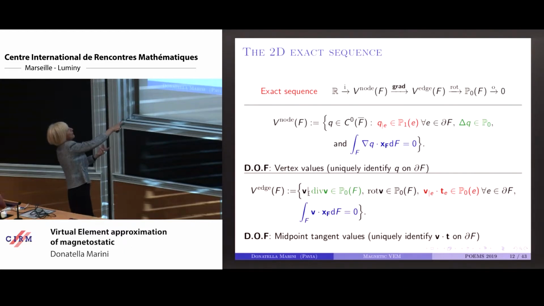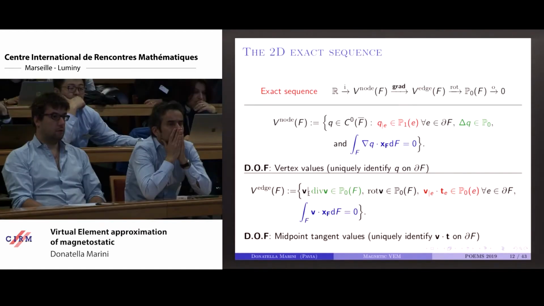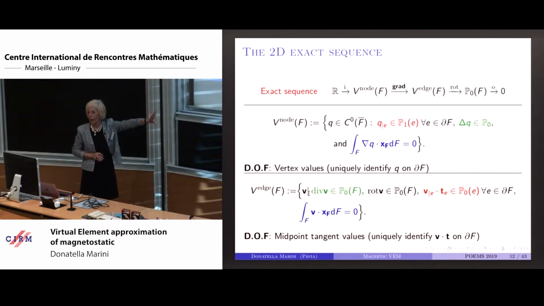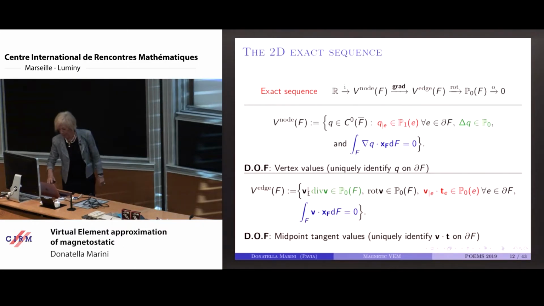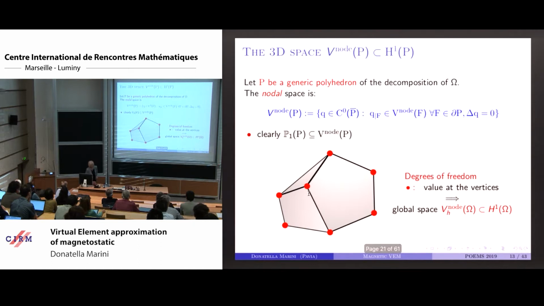So the blue goes into the blue and the green goes into the green. This is not a proof, but just show you that if you take the gradient of the nodal, for sure you go into the kernel of the rot. Okay. In reality, it coincides.